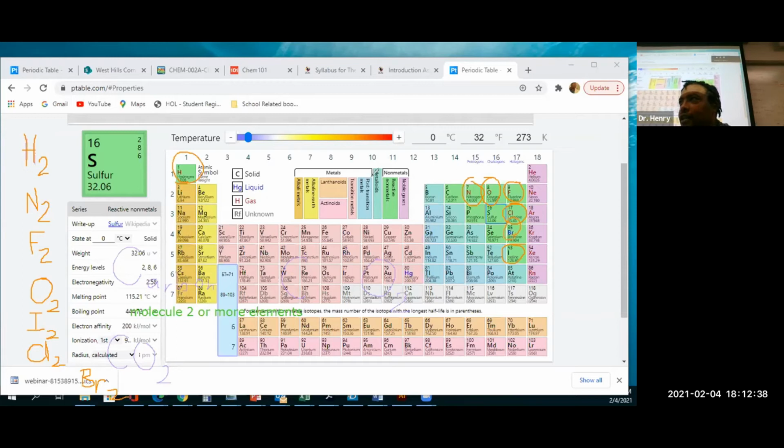So that's 1, 2, 3, 4, 5, 6, 7. Okay, so 7 diatomic elements.